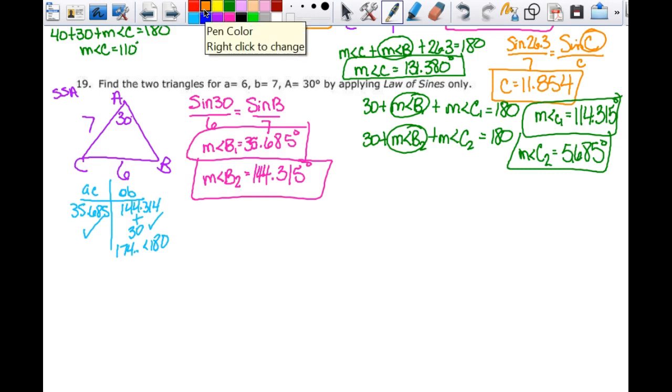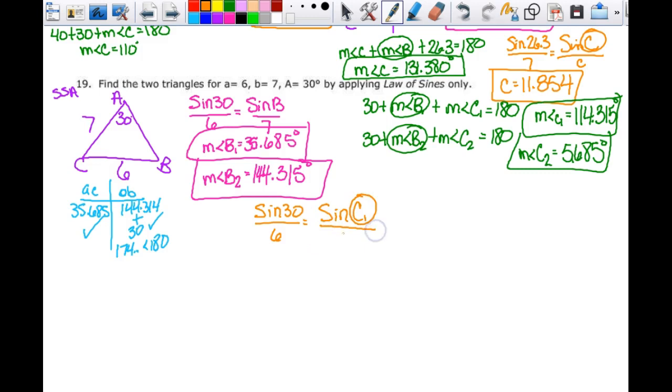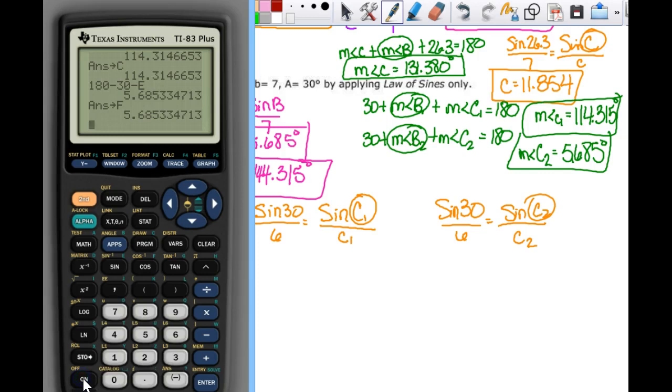I'm doing the law of sines again, so I'm going to do the sine of 30 over 6 is equal to the sine of C1, which I'm getting from my calculator, over little c1. And then I can also do the sine of 30 over 6 is equal to the sine of C2, which should be in my calculator, all over little c2. So hopefully, I actually stored these when I was doing this. So yes, I have them in C and I have them in F.